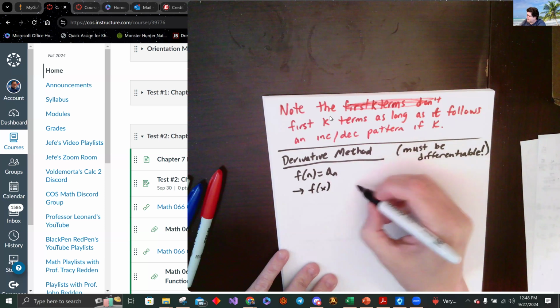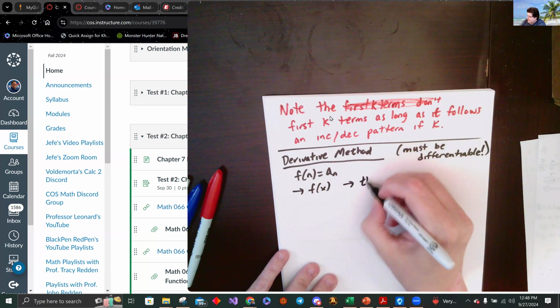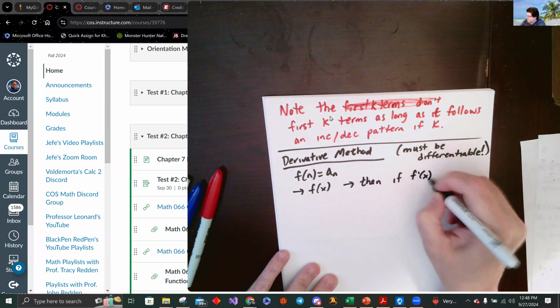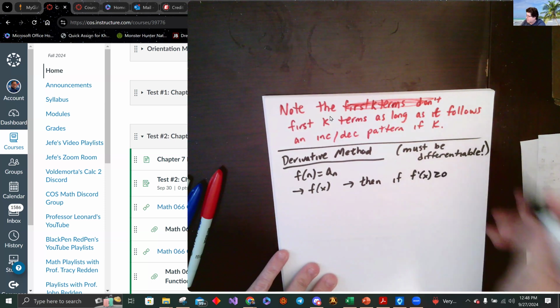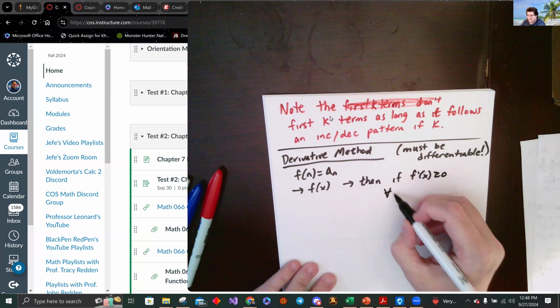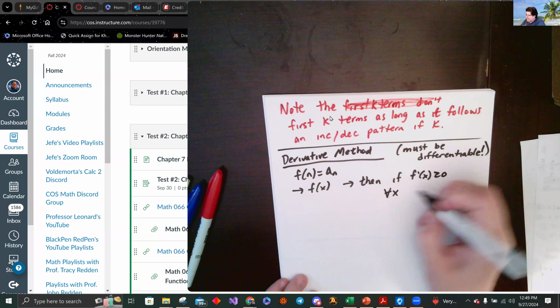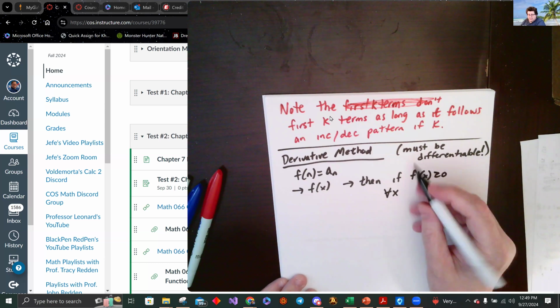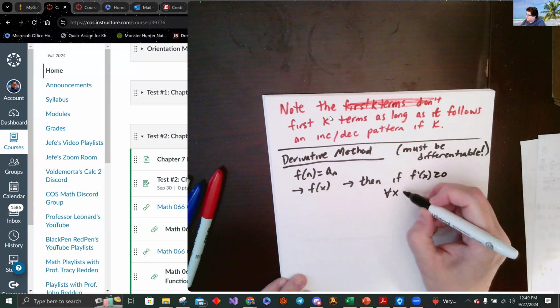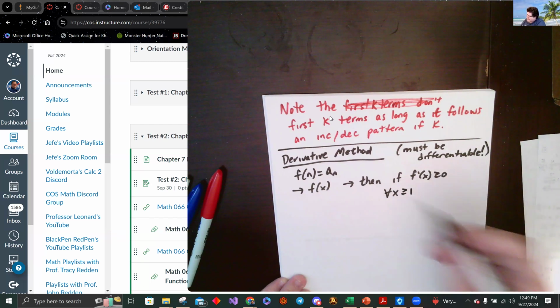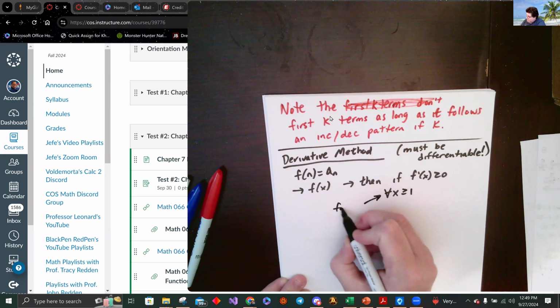And then if f prime of x is greater than or equal to 0 for all x, then a sub n is increasing. That's the for all symbol.